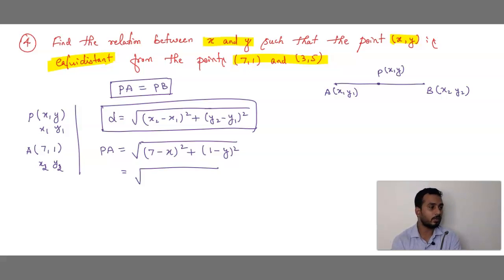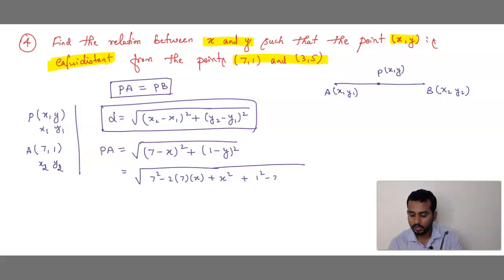It's in the form of a minus b whole square, that is a square minus 2 into a into b plus b square, plus again a minus b whole square, a square minus 2 into a into b plus b square, right?